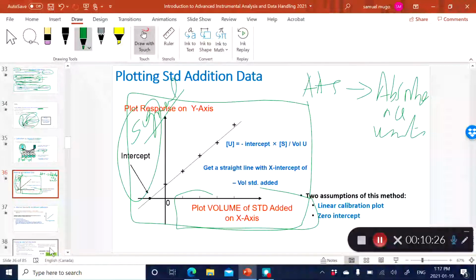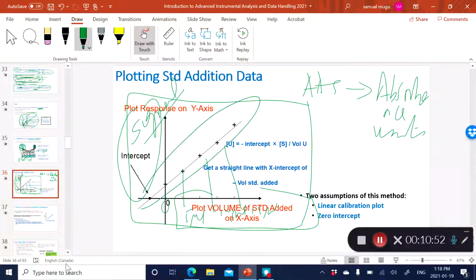For example, like I said before, initially I spiked 0 microliters, maybe 5 microliters, 10 microliters, 15 microliters, and so on. So again, on the x-axis, you would plot the volume of the standard that you added in each volumetric flask. And of course, after that, you would get a linear calibration.